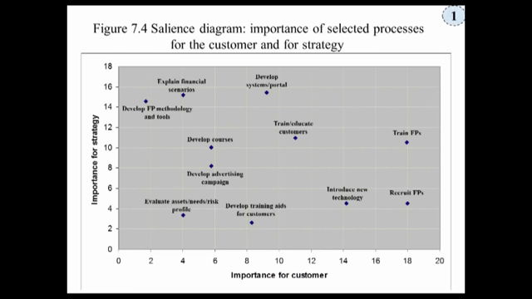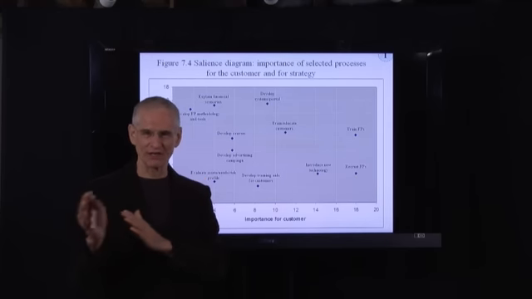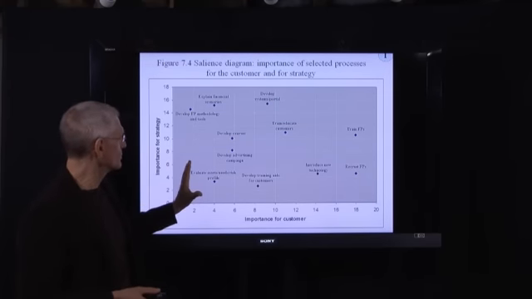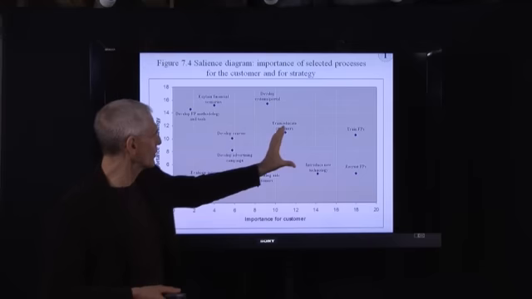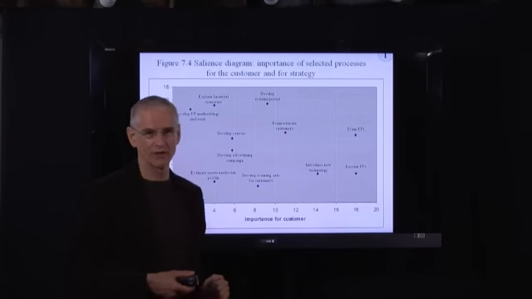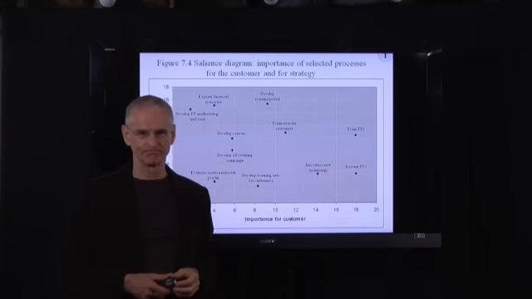This is presented in the book in terms of matrices that will correlate key strategic issues with processes and key customer needs with processes. If you map those, you can isolate the more salient processes as those that are important to customer and strategy. But that's not enough to decide what you're going to do.